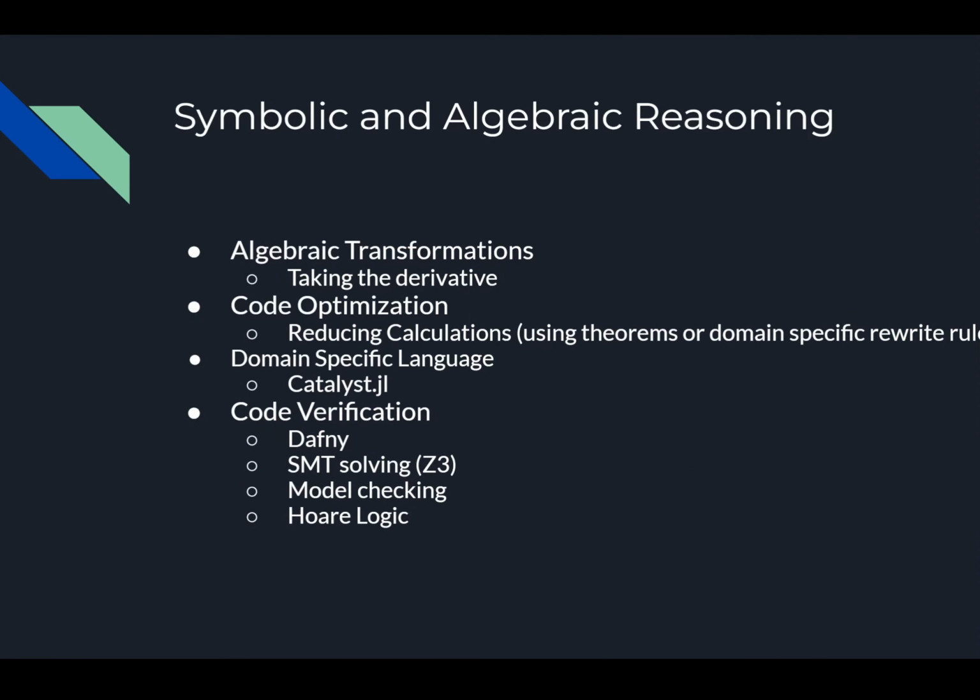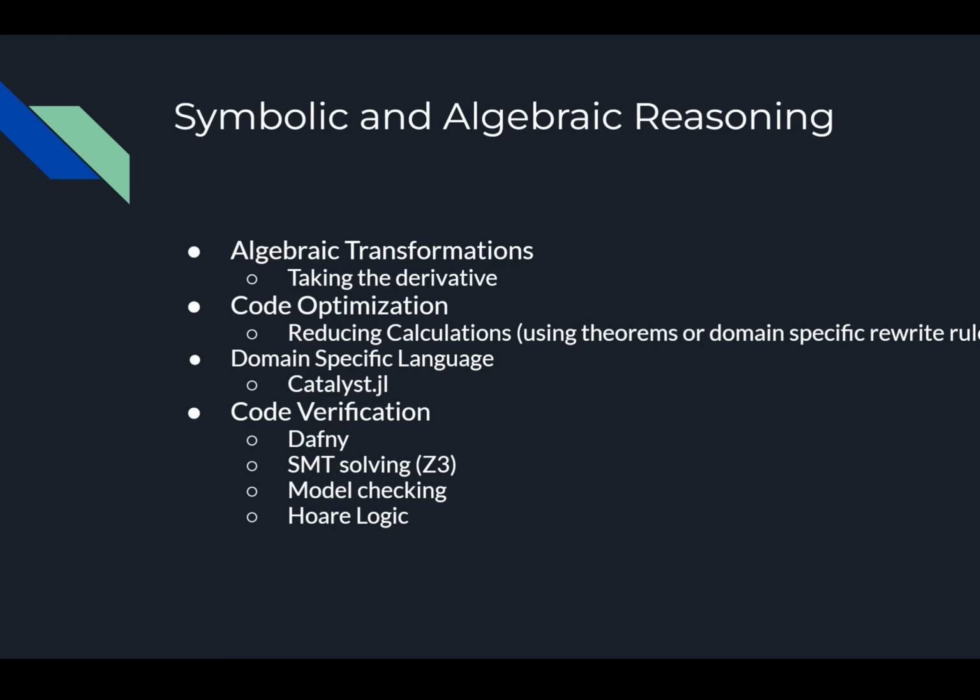Now I want to talk about symbolic and algebraic reasoning. This can take a long time, but I'm just going to go over the big topics. Symbolic and algebraic reasoning is basically treating data or topics as symbols rather than as the structures we may be used to manipulating.